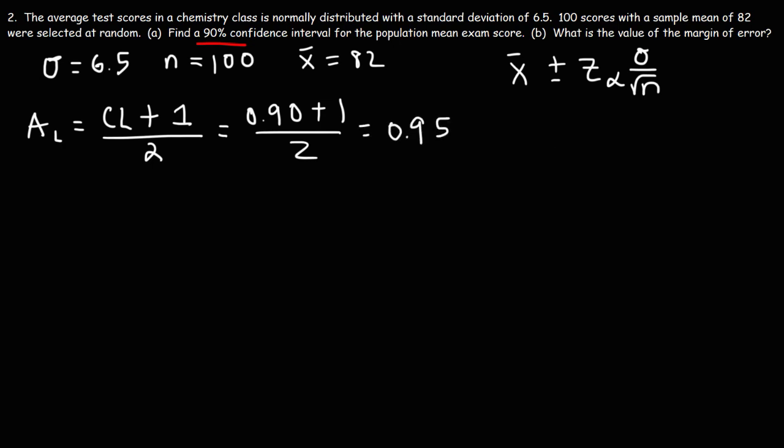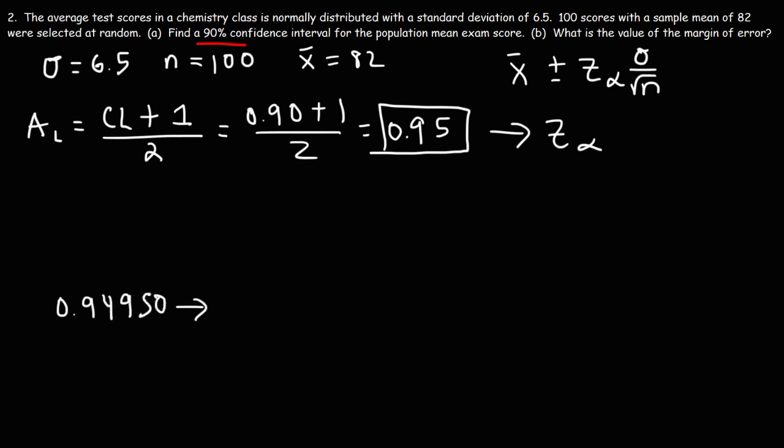So using the positive z-score table, which gives you the area from the left, locate a value of 0.95 and then find the corresponding z-score. So for 0.95, we don't have an exact value, but we got two numbers of interest. For an area of 0.94950, according to the z-score table that I'm using, the z-score that corresponds to it is 1.64.